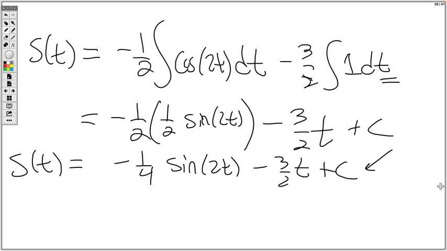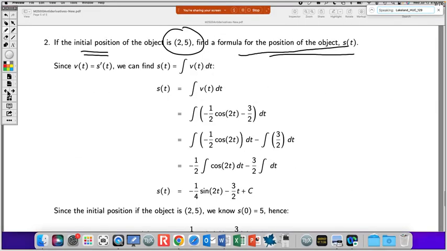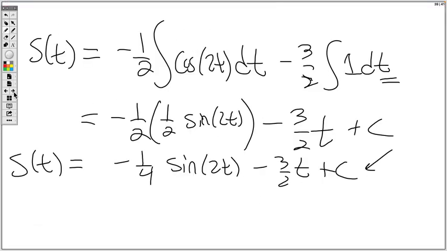So, did they give us an initial position? Sort of. They said the initial position of the object is the point 2, 5. I did it like this because this is how the book does it. When they give us the point 2, 5, that's an xy pair. You follow?